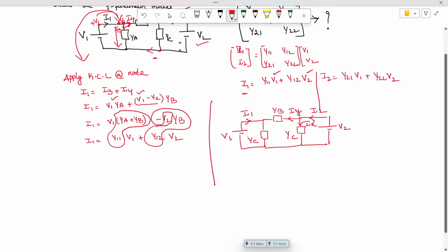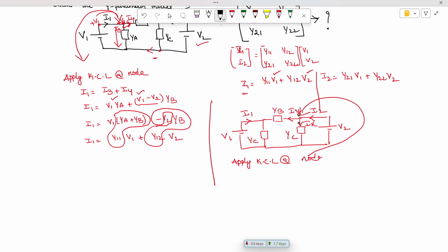Now apply Kirchhoff's current law at this node. The entering current is I2. The leaving currents are Ix in this branch, and the next leaving current is Iy.